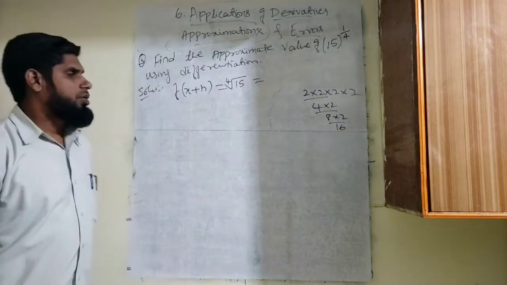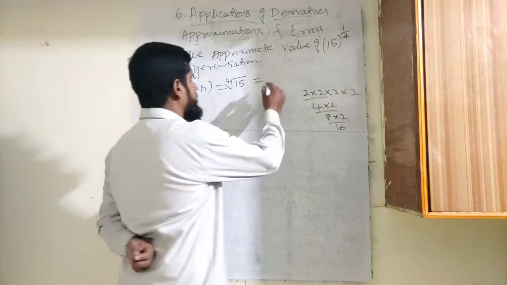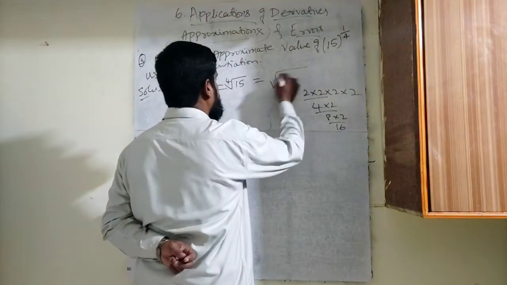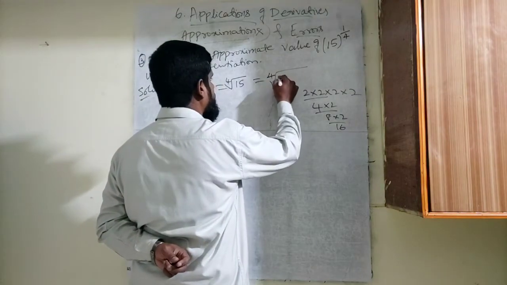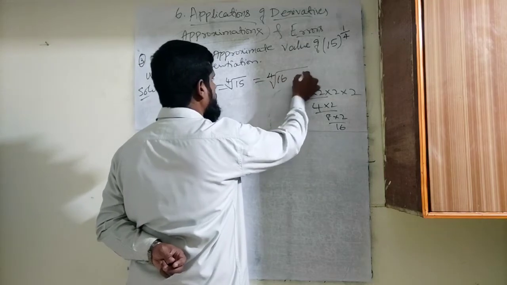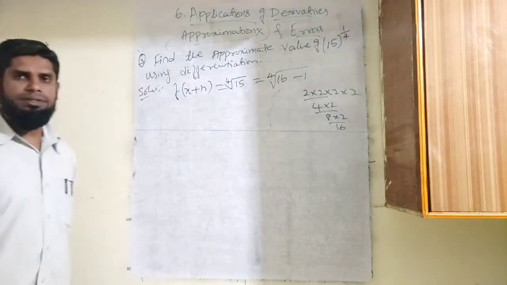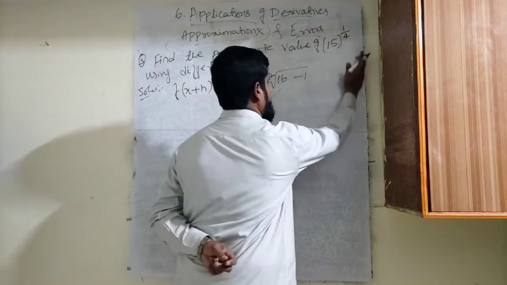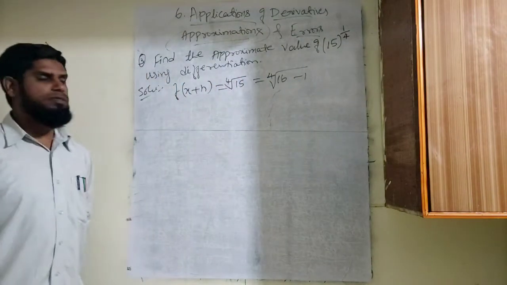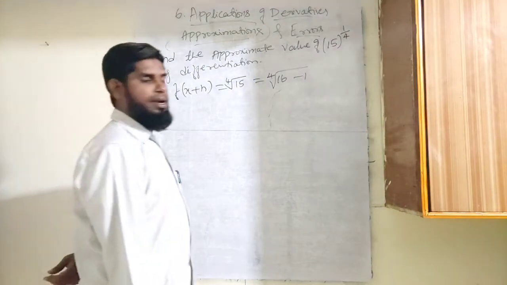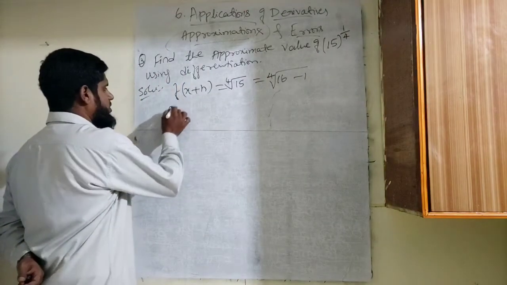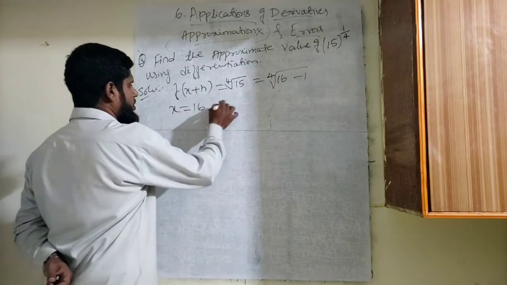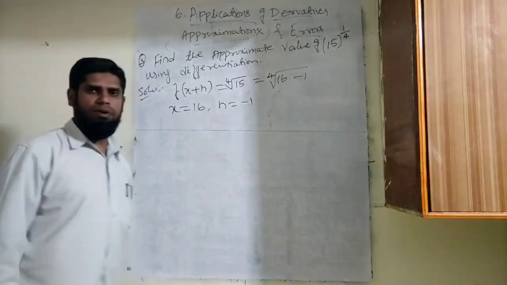Yes. So here, this can also be written as fourth root of 16 minus 1. Then definitely our x is equal to 16, h is equal to minus 1.